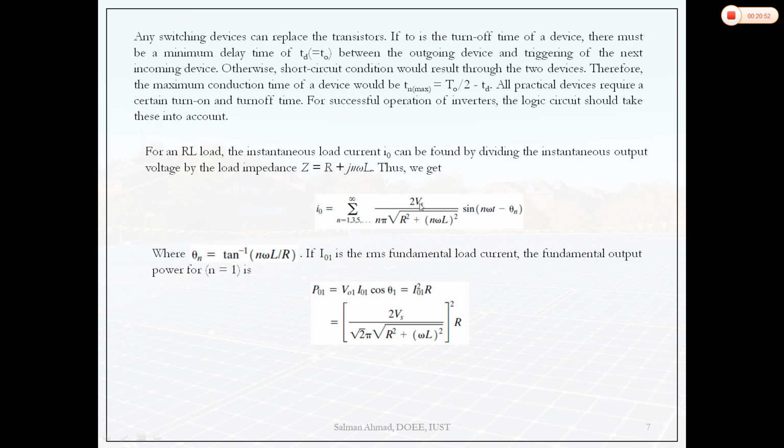The fundamental current magnitude is 2 Vs upon pi square root of R square plus omega L square. Divide by root 2, because this is the peak value, to get the fundamental current RMS value. Square of that into R gives the fundamental power. These are very important calculations.